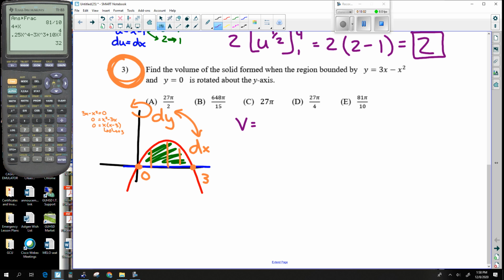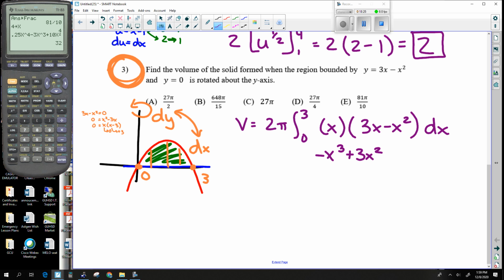So this volume is going to be 2 pi integral from 0 to 3 of the top minus the bottom, which is the parabola. So this is going to be x. The axes isn't moved, and this is going to be 3x minus x squared dx. All right, so this is negative x to the third plus 3x squared.